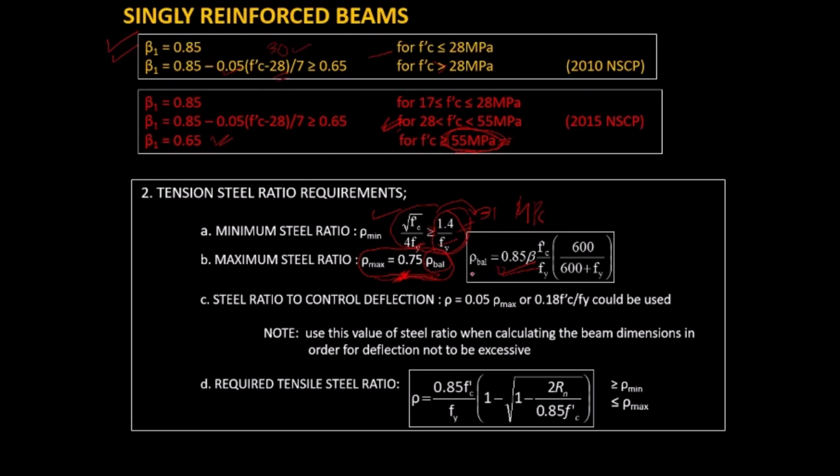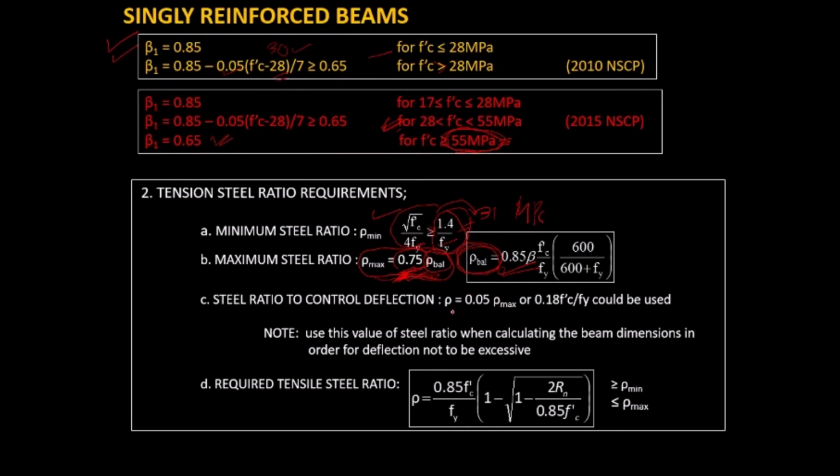Ngayon pwede naman tayong kumuha ng rho balance, pero iba yung computation kapag other section. Pero yung 0.75 kasama yan. That is for NSCP 2001. Ngayon, pag 2015 code, wala nang nakalagay doon na 0.75. Iba na. Sasabihin ko na lang.